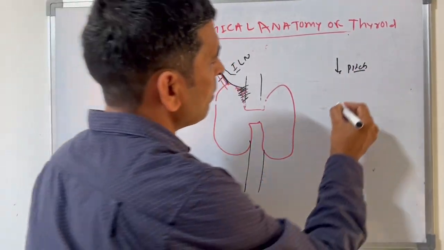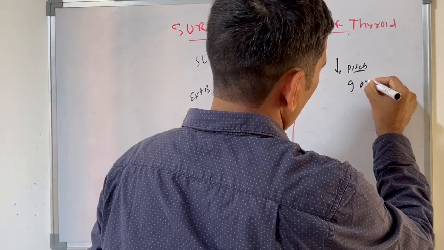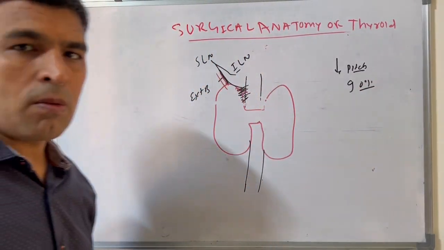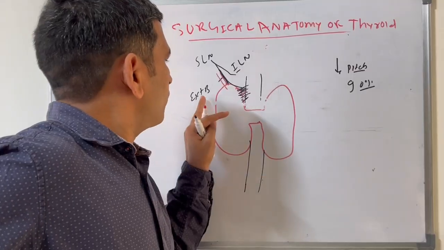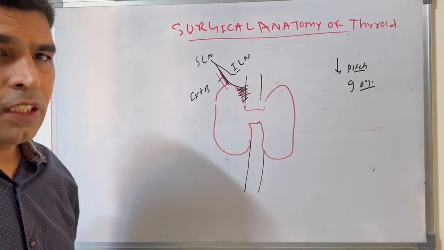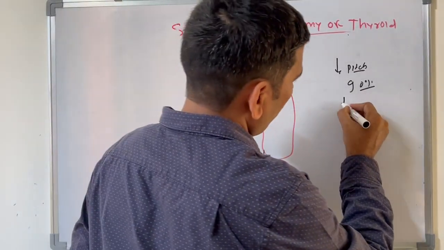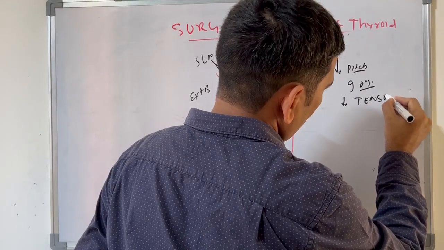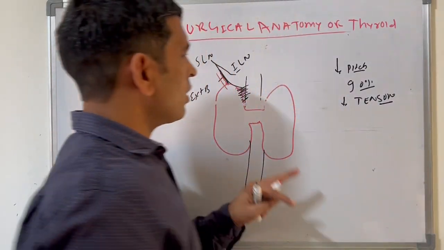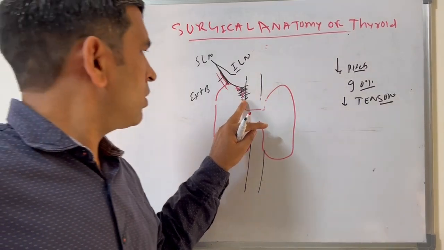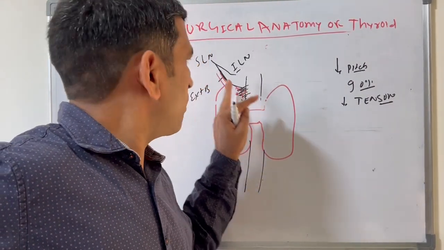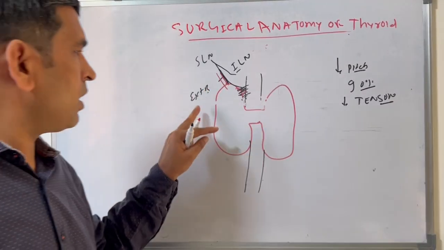In about 90% of cases, you can easily find this external branch of the laryngeal nerve. So there will be loss of tension. This tension is because of the cricothyroid muscle that is supplied by the external branch of the superior laryngeal nerve.